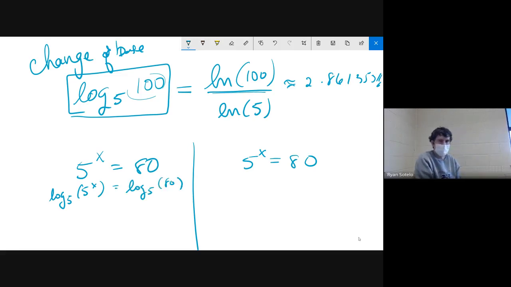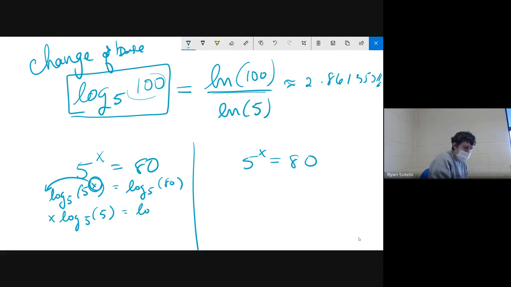The reason I chose log base 5 was because the base of my exponential on the left was 5. If I do log base 5, the properties of logs give you a couple of tricks. One, if you have an exponent, you can bring it down to multiply in front. So I'm going to turn this into x times log base 5 of 5. The exponent came down, equals log base 5 of 80.